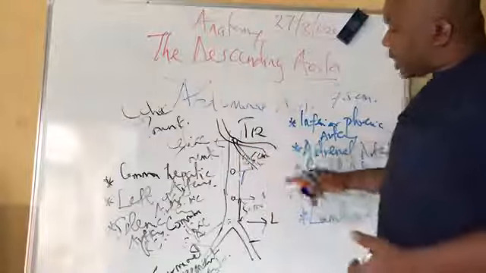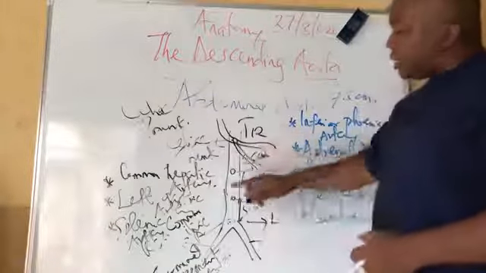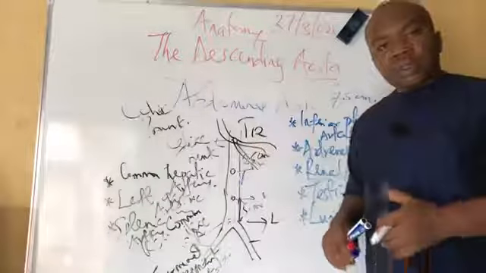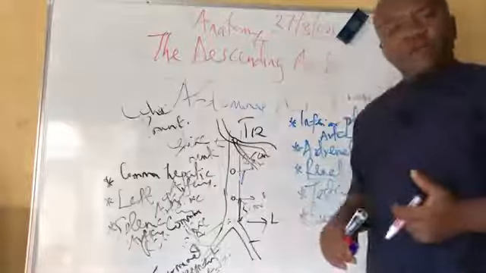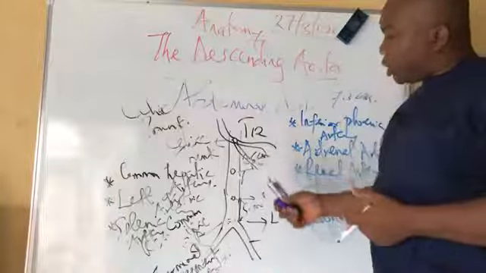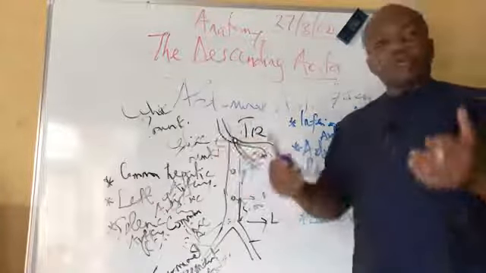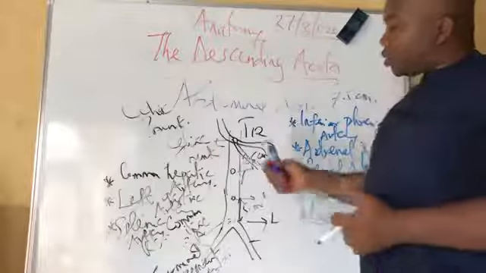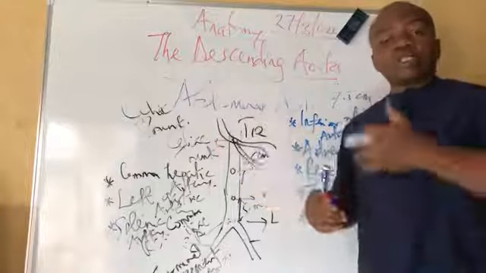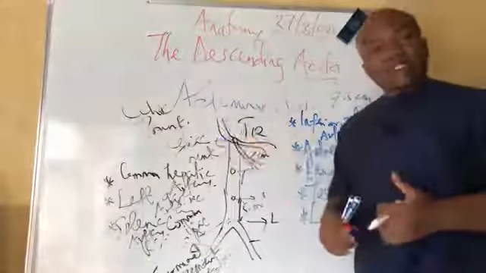I want you to note again that if you go up to the celiac trunk again, I've told you that it gives out 3 branches. It gives out what is called the left gastric artery. The left gastric artery supplies the lesser curvature of the stomach, one of the anastomotic branch of the stomach, while the common hepatic artery also splits into 3 or 2. It gives rise to what is called the artery to the liver, which is the hepatic artery proper.